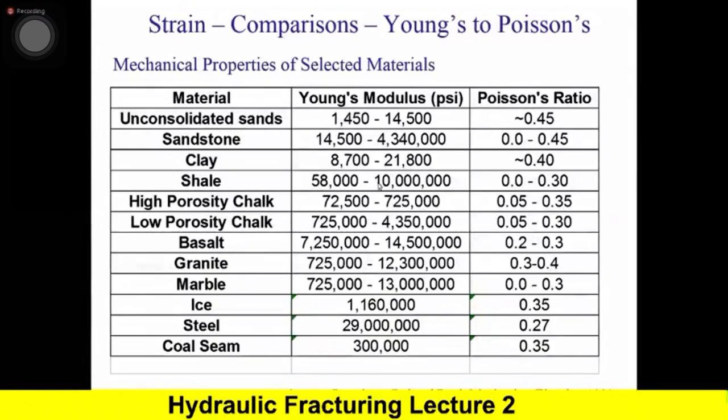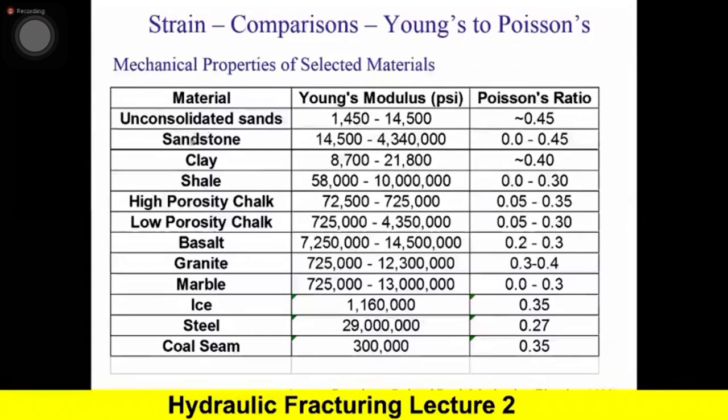Shale can be soft shale or hard shale. Most shales are not as hard. Here we're talking about hard shale that is almost as high as rock, but steel would be 20 to 30 million. Coal seam is 0.3 million.